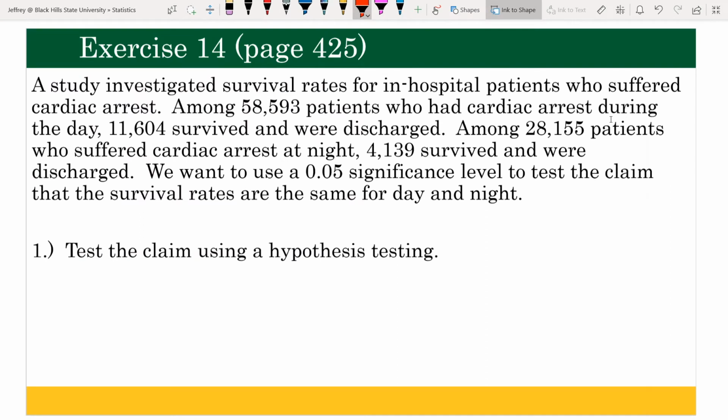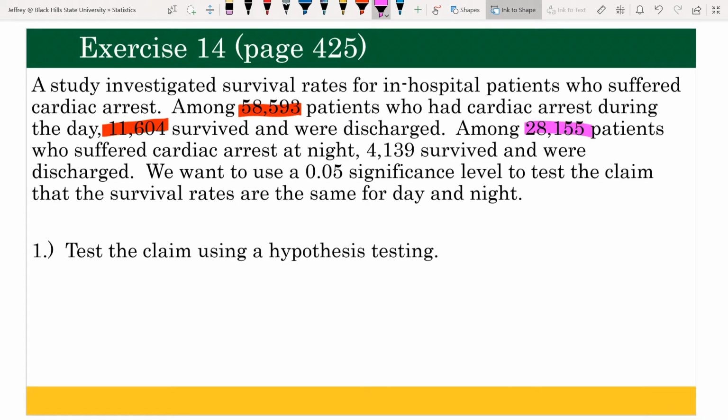In this example, we're going to look at the survival rates for in-hospital patients who suffered cardiac arrest, whether they had the cardiac arrest during the day or if they had it at night. So in the day, we had about 58,000 patients, and over 11,000 of them ended up surviving and were discharged.